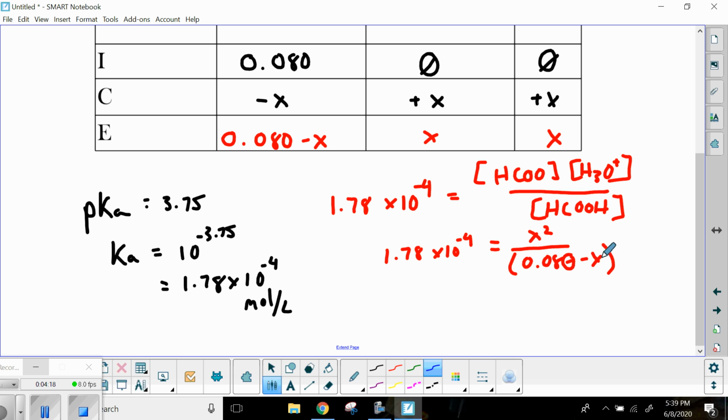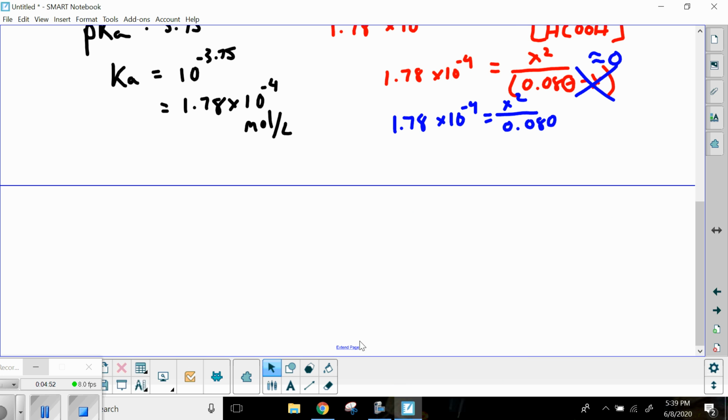They say, oh, this is so small, it's insignificant. Let's just say that that is really close to 0. It's not mathematically correct, but that's what chemists do. And then we now have the expression where we have 1.78 times 10 to the negative 4th equals X squared over 0.080. And man, the math just got all of a sudden so much easier to do.